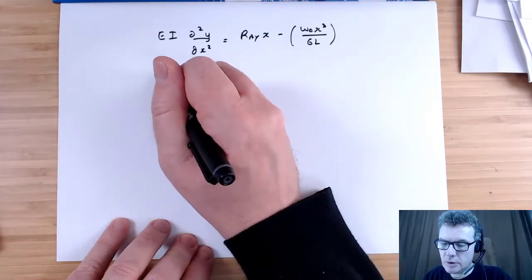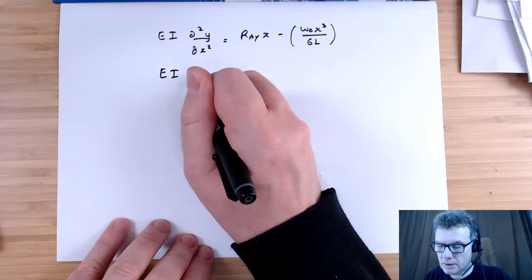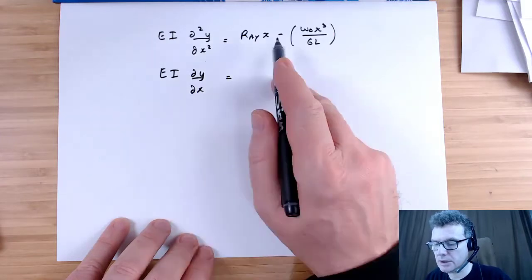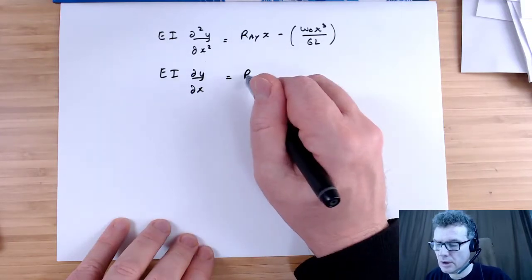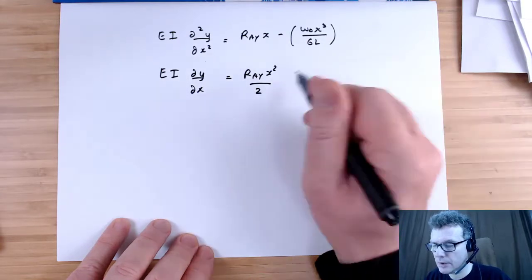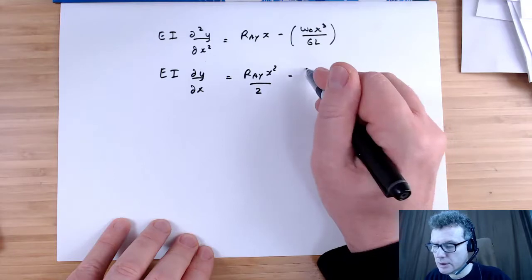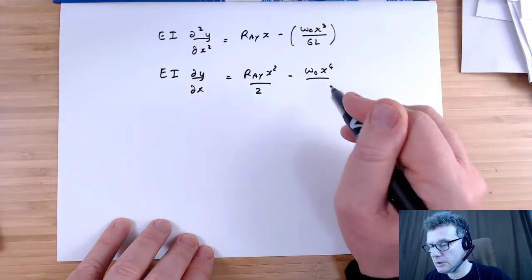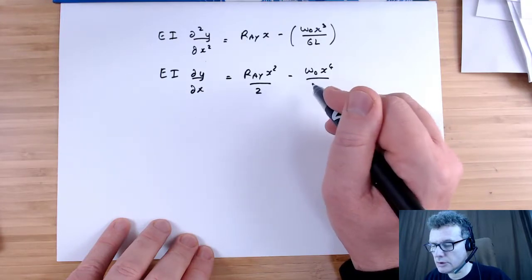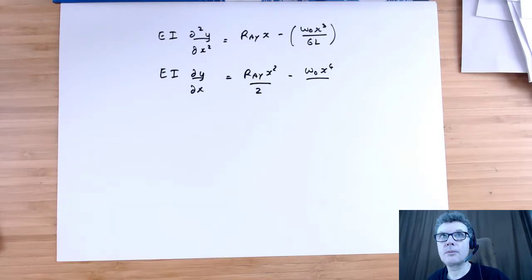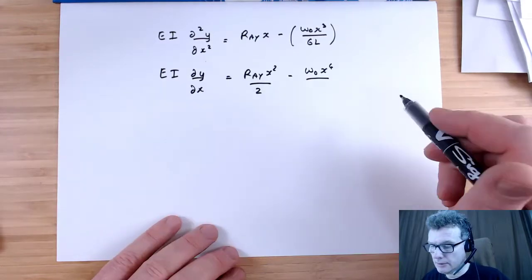Right, so integrate once, EI dy/dx, that's the left hand side integrated, integrate the right hand side, RAY x squared divided by 2. Now let's integrate this, W0 x to the power 4, 4 times 6, okay, hopefully.